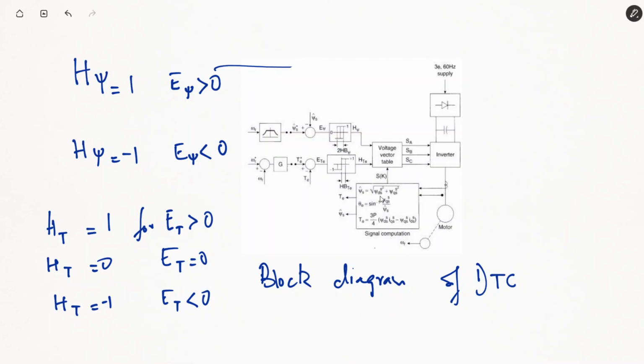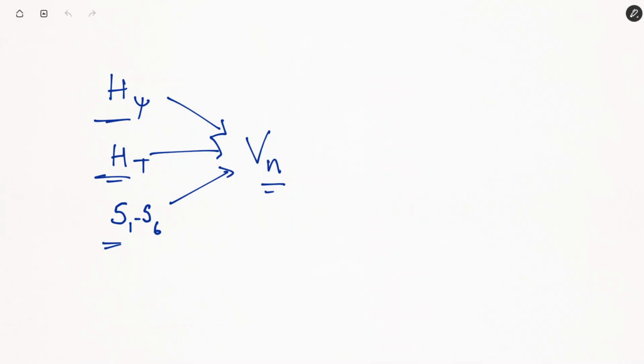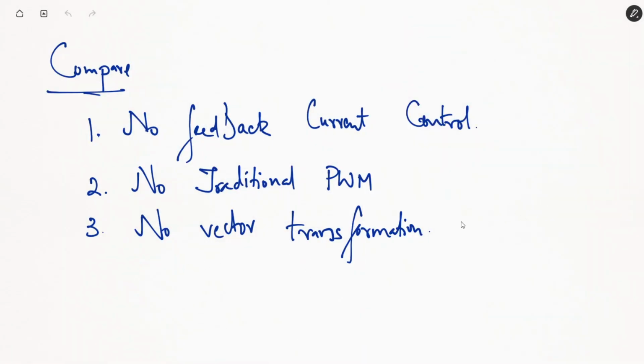In case we are using the estimator, we need PSIDS, PSIQS, IQS, IDS. In case we are simply using sensors for flux and torque measurement, we do not need this estimator and we can directly measure the values of torque and flux. So ABC to DQ transformation is not necessary in this case.